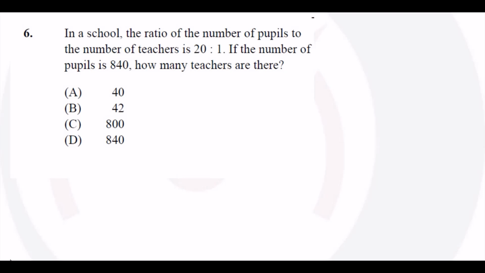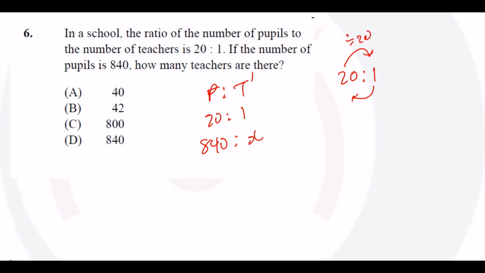In a school, the ratio of the number of pupils to the number of teachers is 20 to 1. So pupils to teachers is 20 to 1. If the number of pupils is 840, how many teachers are there? Alright, so we can use this small conversion. To get from 20 to 1, you're going to divide by 20. And to get from 1 to 20, we're going to multiply by 20.